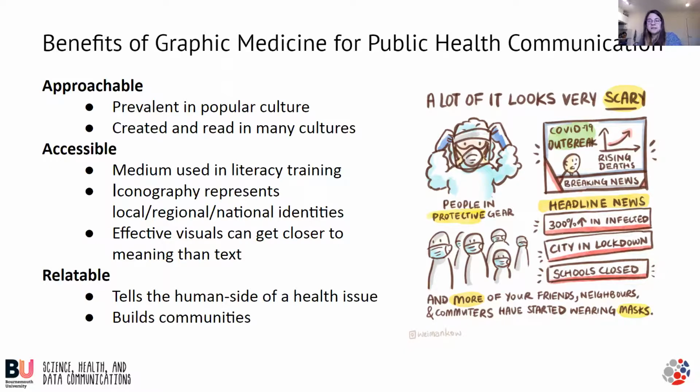The accessibility is once you have someone engaging with your story, is the language you use accessible throughout? Do you define things in an accessible way? And does it resonate, in that the story is accessible because it can mean something? The medium of comics is used in literacy training, and there's a lot of scholarship into why it works for that. The iconography that you use can link to local, regional, national identities.